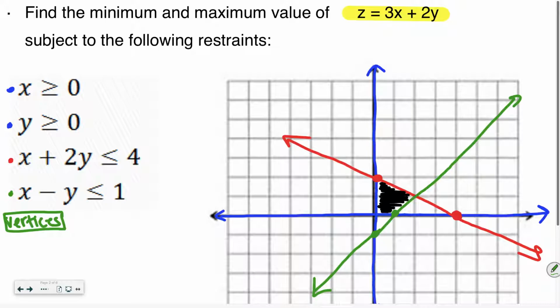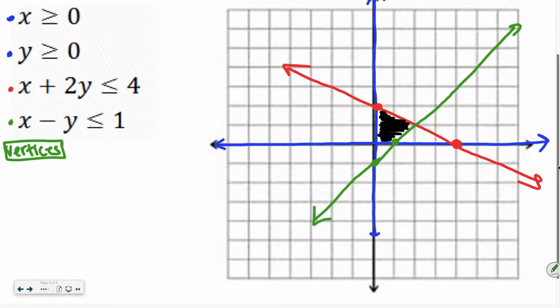How many are there? 4. There are 4. Mary Kate, give me one of your vertex points. 0, 0.